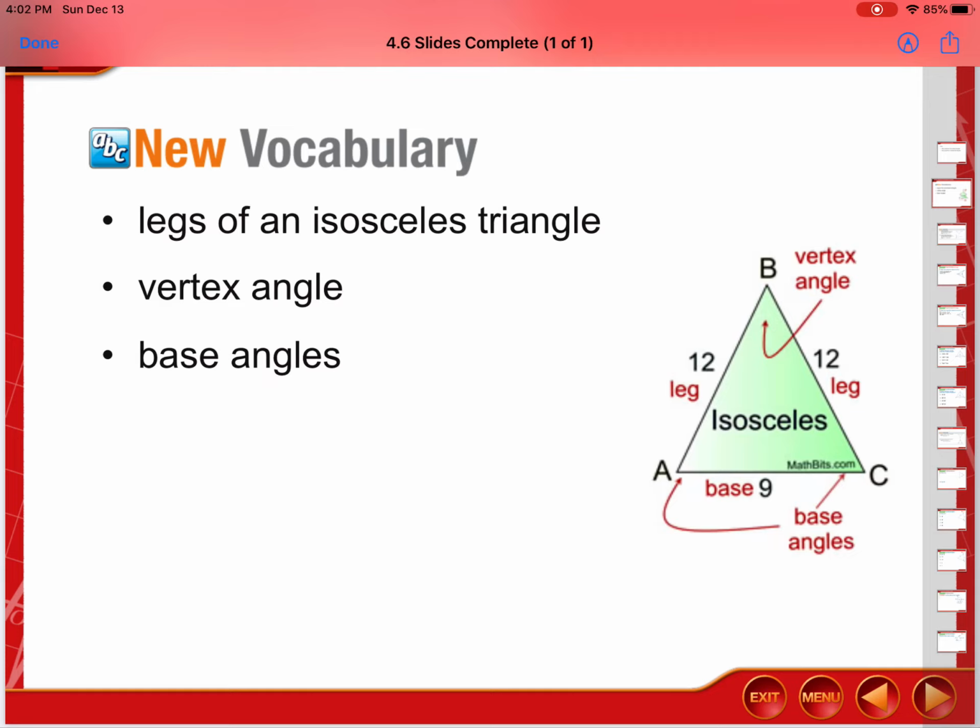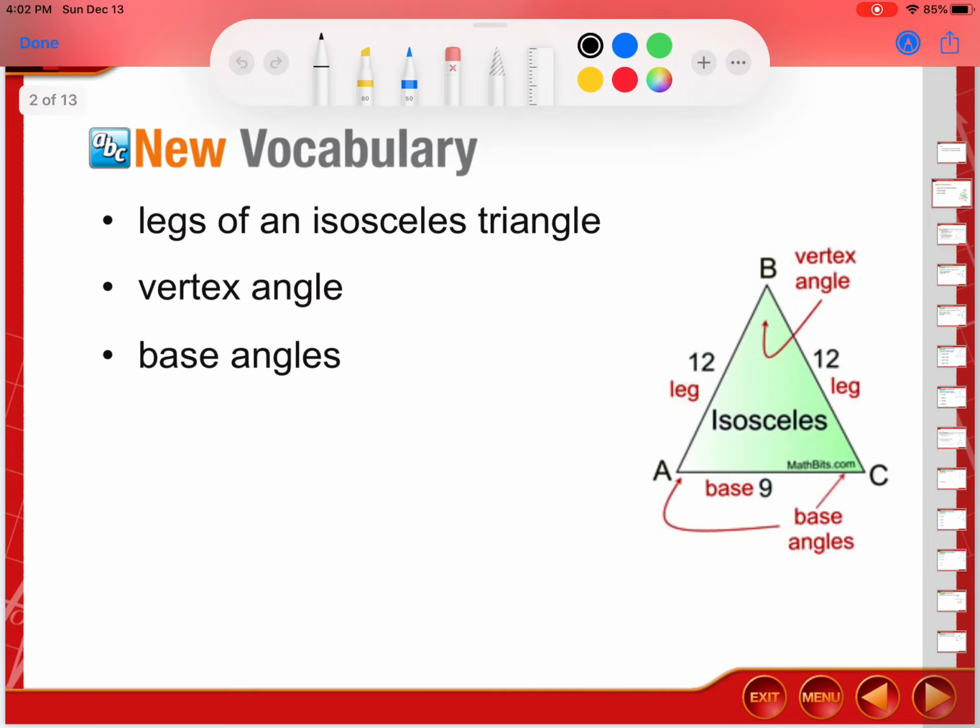So, vocab terms: legs of an isosceles triangle, vertex angle, and base angles. I put this picture in because I feel like it does a really good job explaining what each of these are. The vertex angle is always opposite the base, and then the legs are the two sides of an isosceles triangle that are the same length.